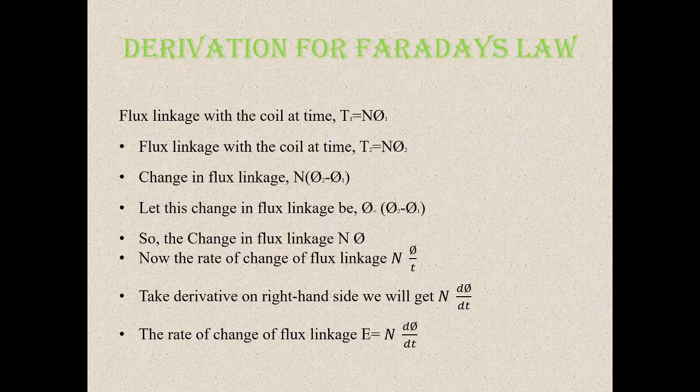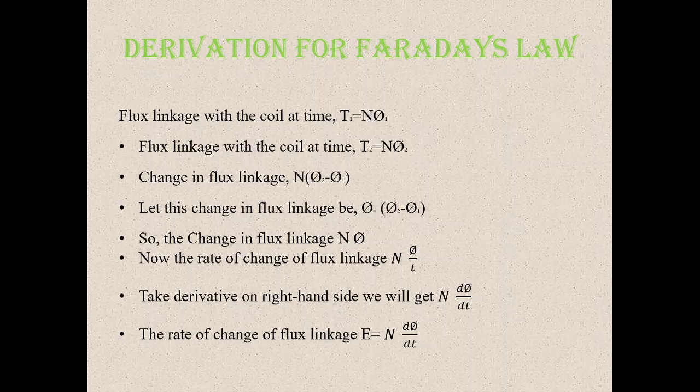Now, for the next equation, we can have the change in flux linkage, which can be written as N phi2 minus N phi1. So we can take out N as a constant, and it is N times phi2 minus phi1, which is the change in flux linkage.